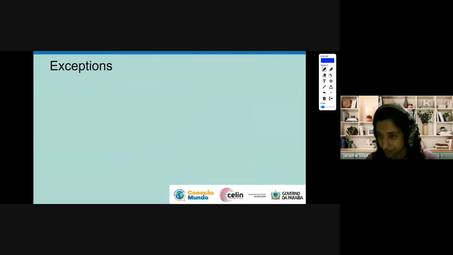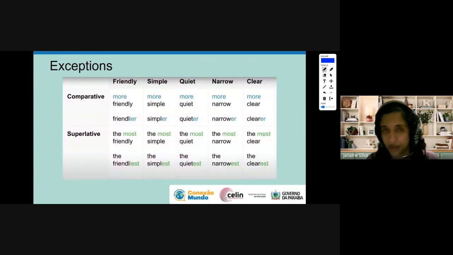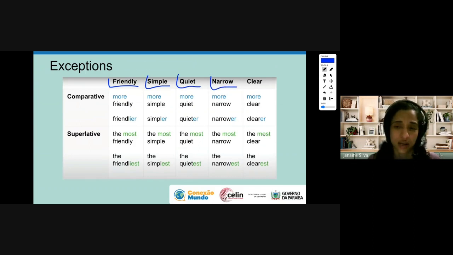Exceptions. Students, we have some exceptions. With adjectives such as friendly, simple, quiet, narrow, and clear, you can use both structures studied, both comparative or superlative adjective. For example, friendly becomes more friendly or friendlier.